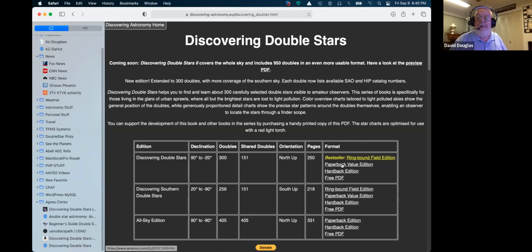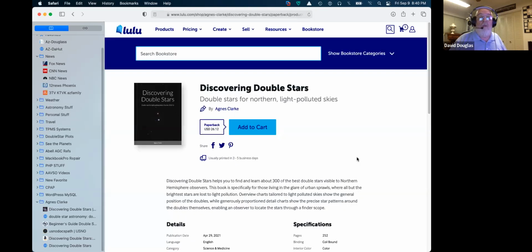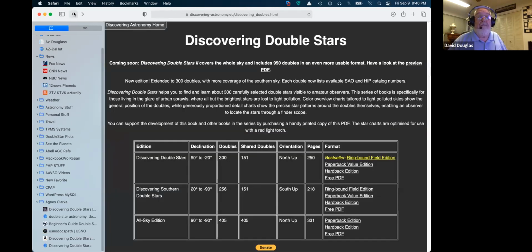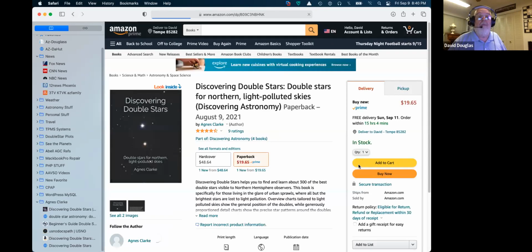What about the cost? Well, the ring bound edition, I'll click on this so we can bring it up and see it. The ring bound edition sells for about $26. It's not that expensive a book. It is ordered through Lulu. If you don't go for the paperback edition, you order it off of Amazon, but you can't get the ring bound there, only the paperback.